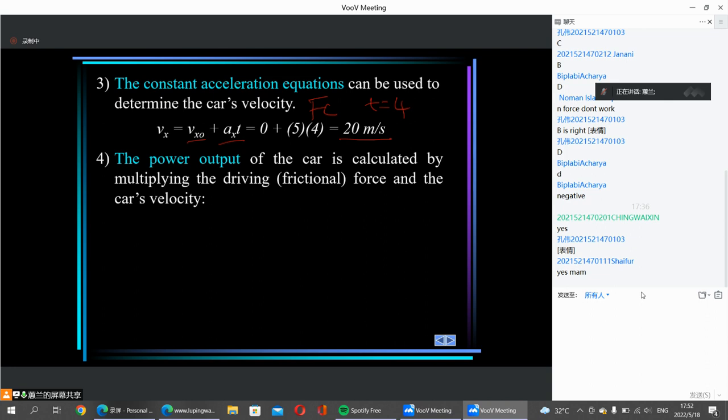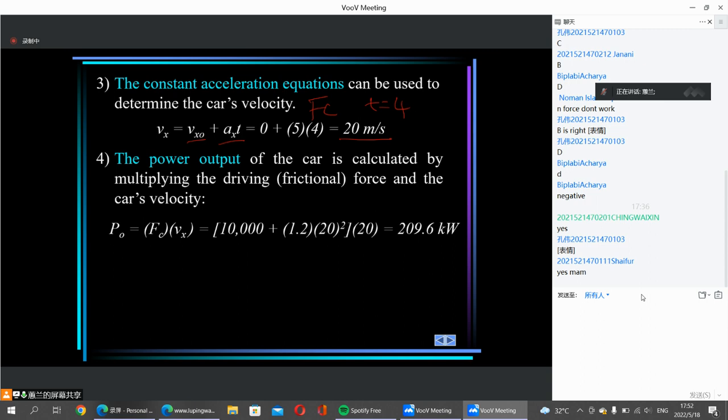And then the output power of the car, the power used to drive the car, will be equal to the friction force times the car velocity, because the friction force and car velocity are collinear. Okay, so we have the output power.